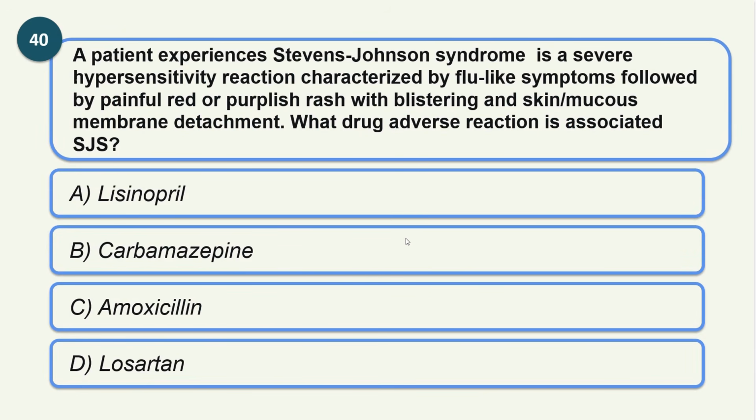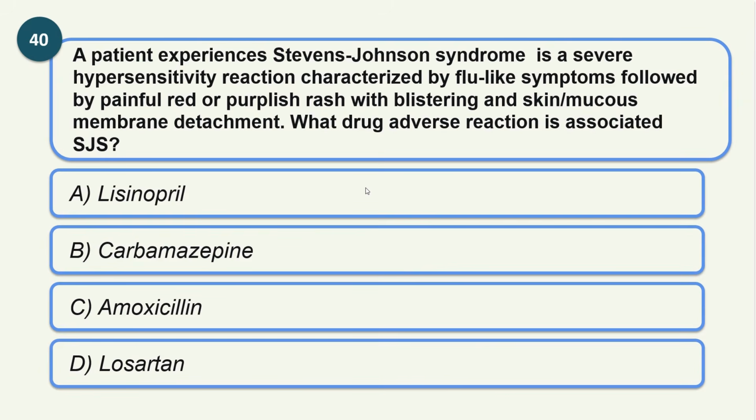Next, a patient experiences Stevens-Johnson syndrome, which is a severe hypersensitivity reaction characterized by flu-like symptoms followed by a painful red-purple rash and blisters on the skin and mucous membranes. Which drug is associated with Stevens-Johnson syndrome?